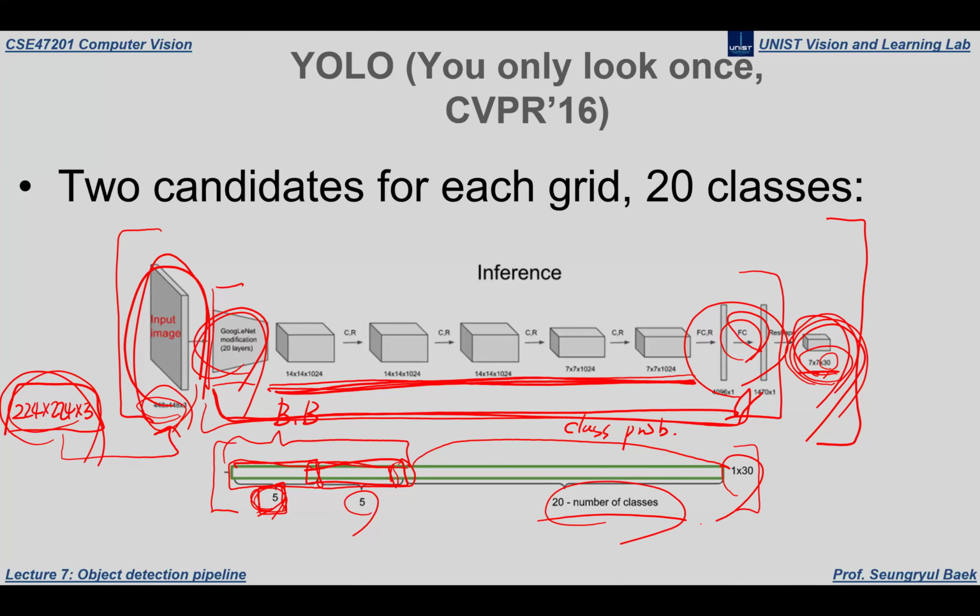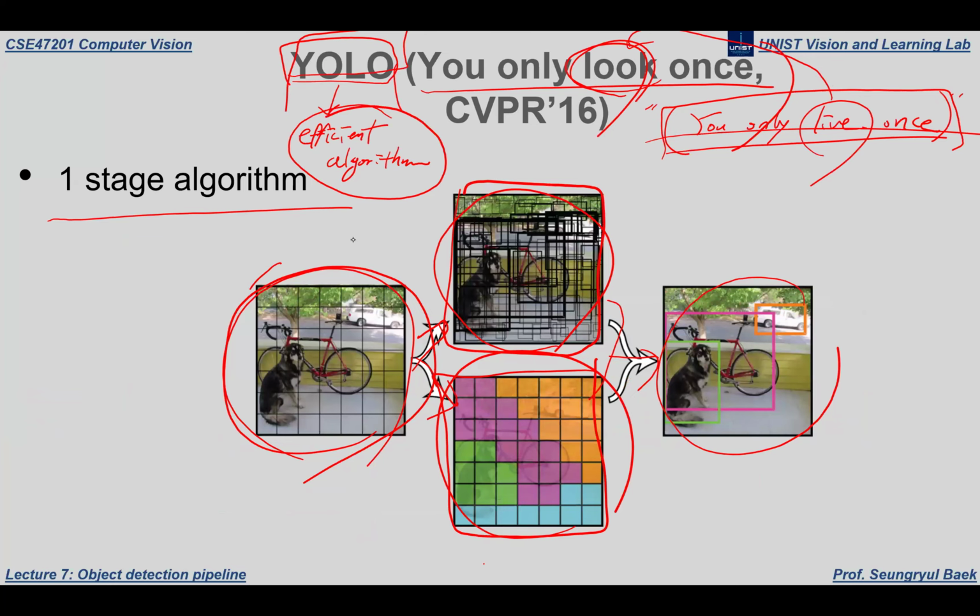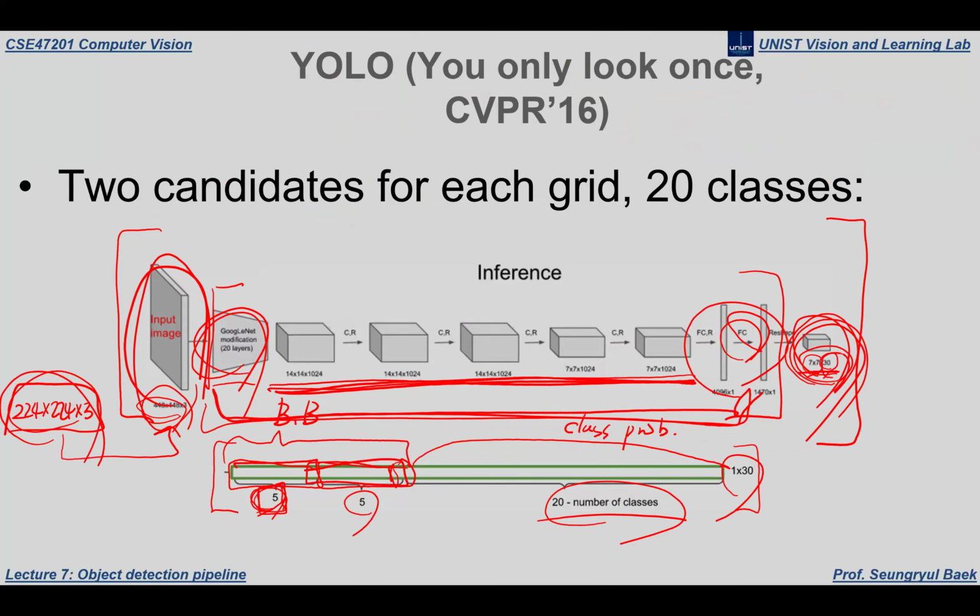And why 7 by 7? They divide the entire image into a 7 by 7 grid, and in their output they have 30-dimensional information for each grid cell. That's why their output looks like this.